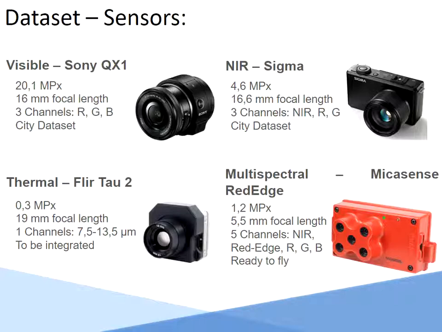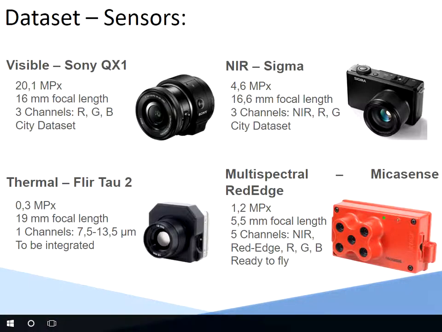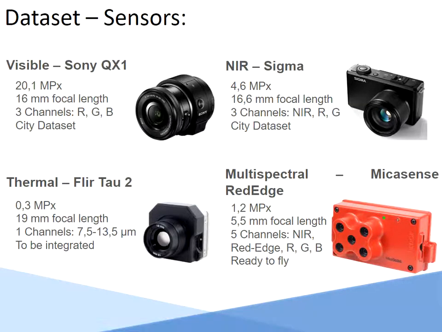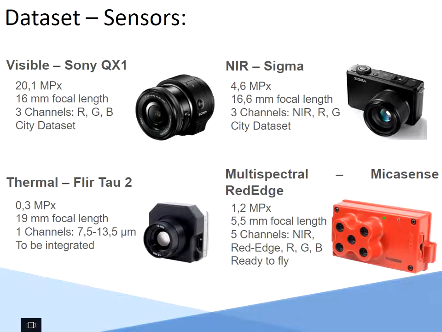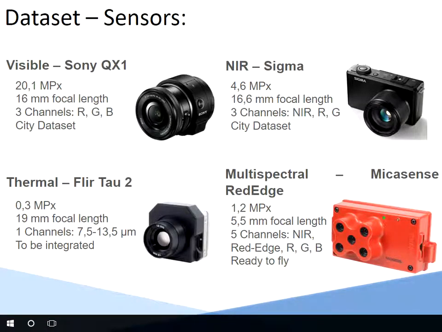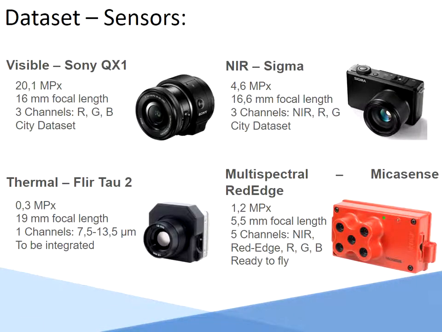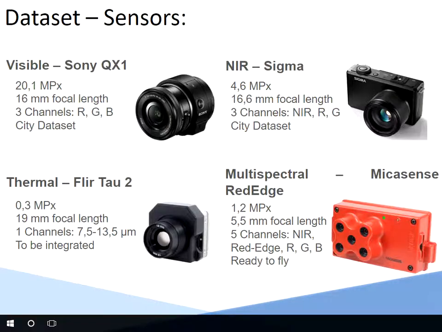So we started working with the sensors you can see here. These are some of the mainly used sensors nowadays in UAVs. First is the Sony UX Zoom, that as you can see is a very small camera, practically a visible camera with good resolution. Also one of our near infrared modified cameras that has the near infrared band, the red and green.